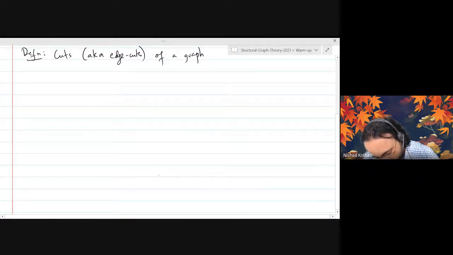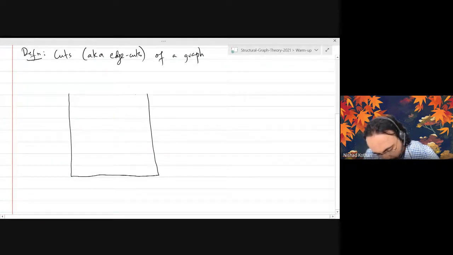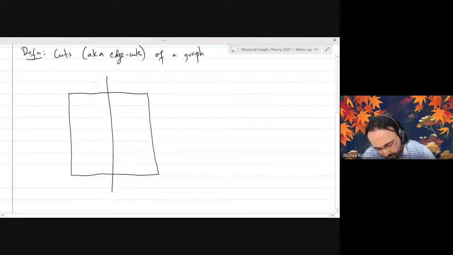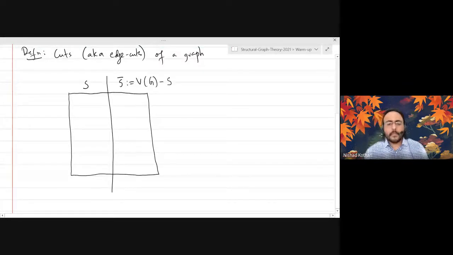So, I want you to think of the following. Supposing you have a graph G and you partition the vertices into two sets, the left set and the right set. I'll call the left set S, and the right set is the complement of S, which is all the vertices minus S. So what we have taken is a partition of the vertex set, in fact a bipartition, just two parts, S and S bar.